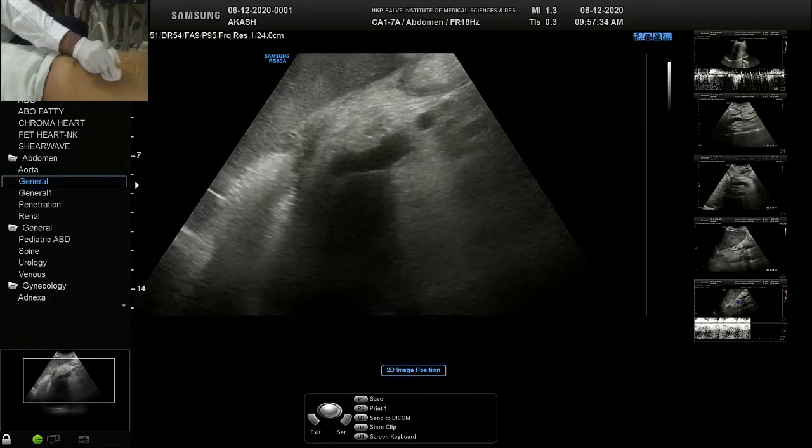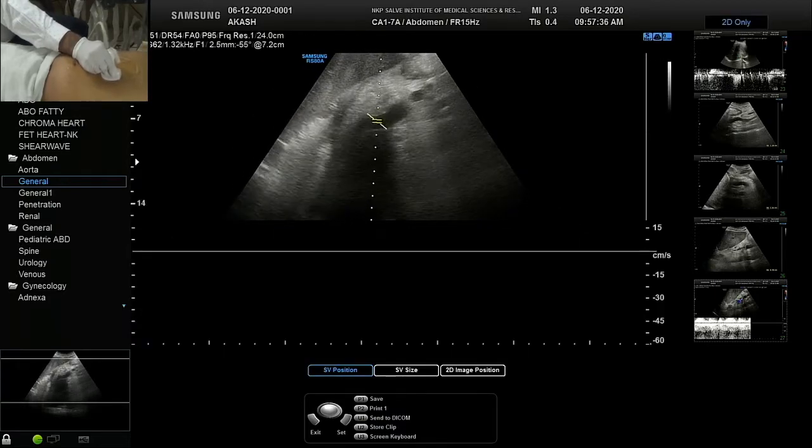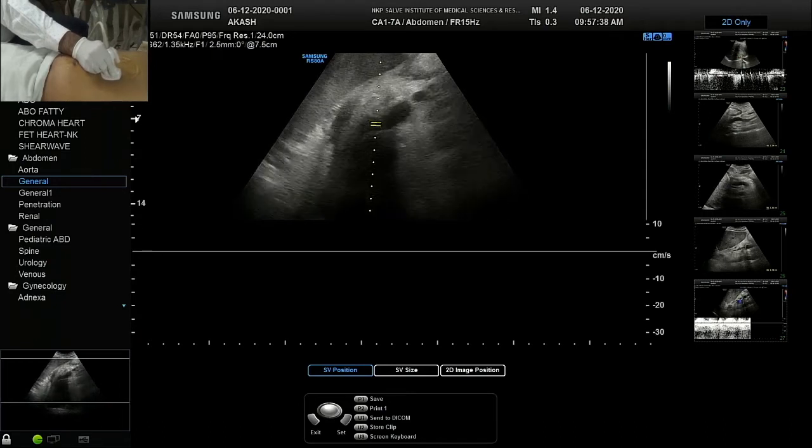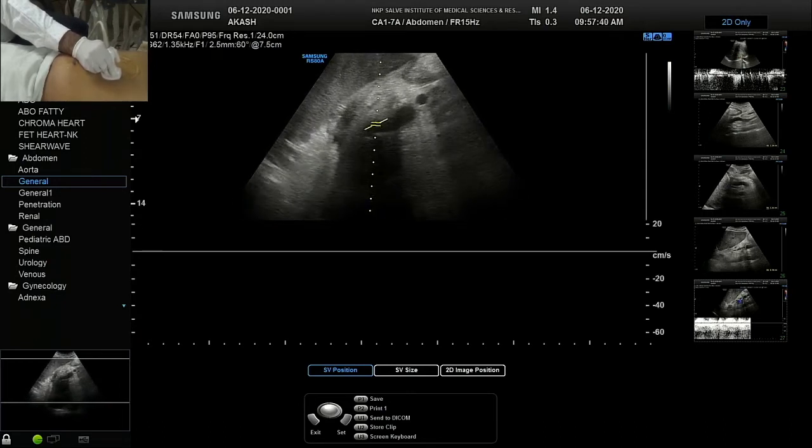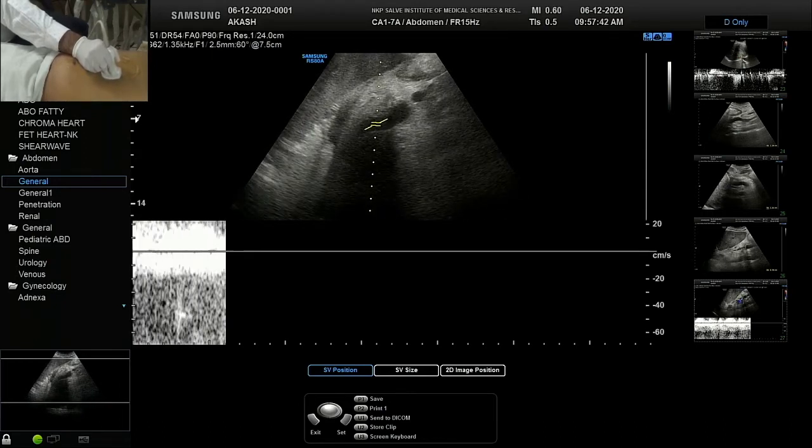If you are not seeing it with color, you can just put spectrum there, but before that just do angle correction if required.